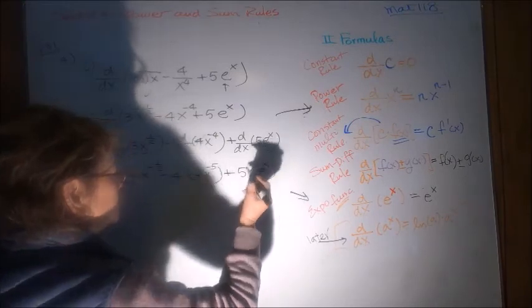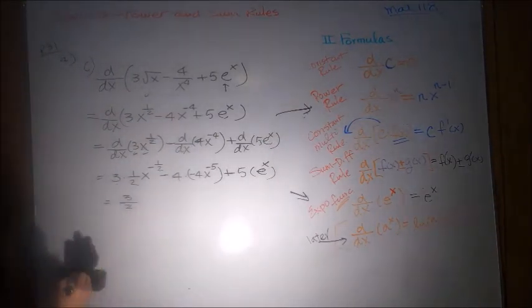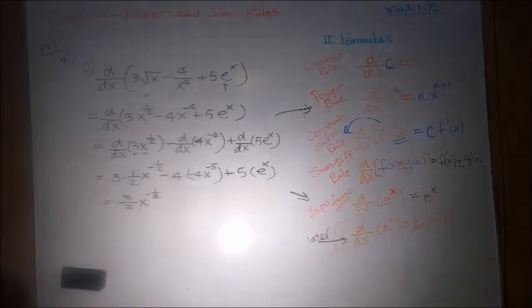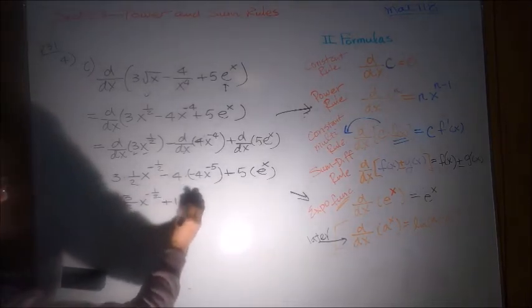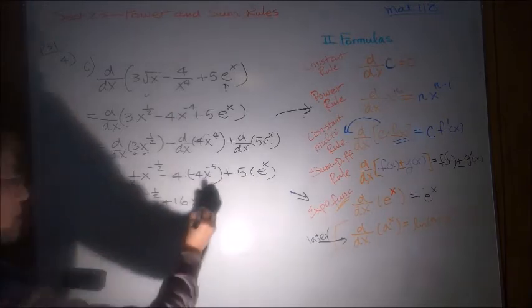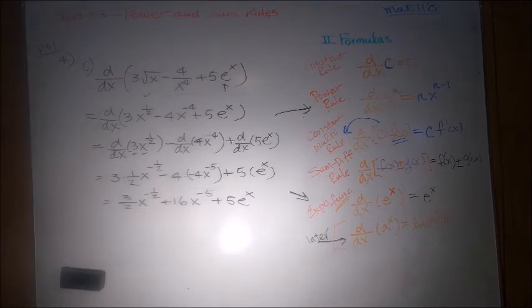So it's itself. Then we clean up. So that would be 3 halves x to the negative half power. Then the second term would be 16x to the negative 5 power, and 5 e to the x power.